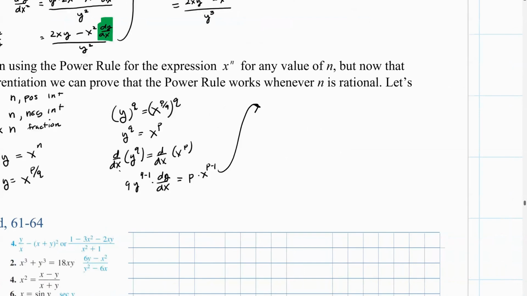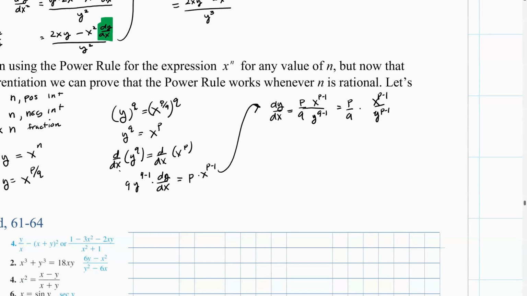Let me solve for dy dx now. I get dy dx is equal to p over q, x to the p minus 1 on top, y to the q minus 1 on the bottom. And you might notice that this is p over q times this other expression.